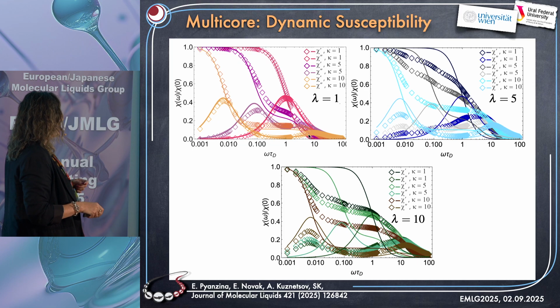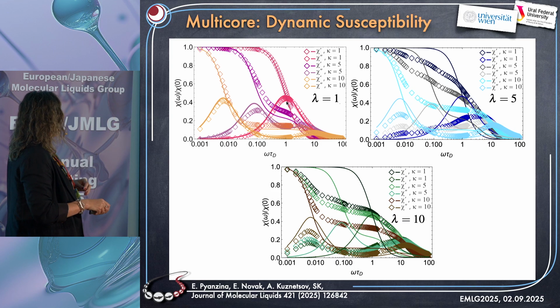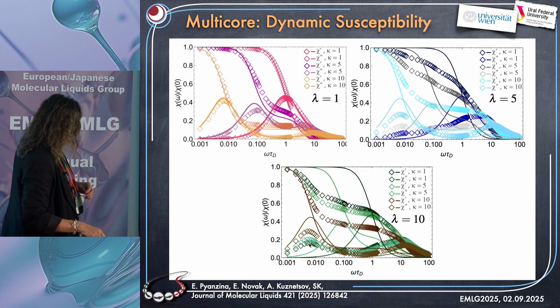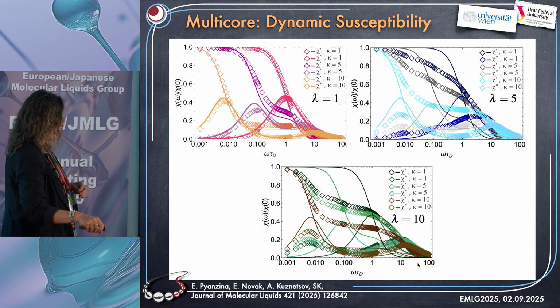And this is the second peak. This is the high frequency peak that is related to a single core. And you can see, if you look at this position, it's at 1, and at this position here, and now you compare it to this position and this position. So this is very strongly interacting cores.